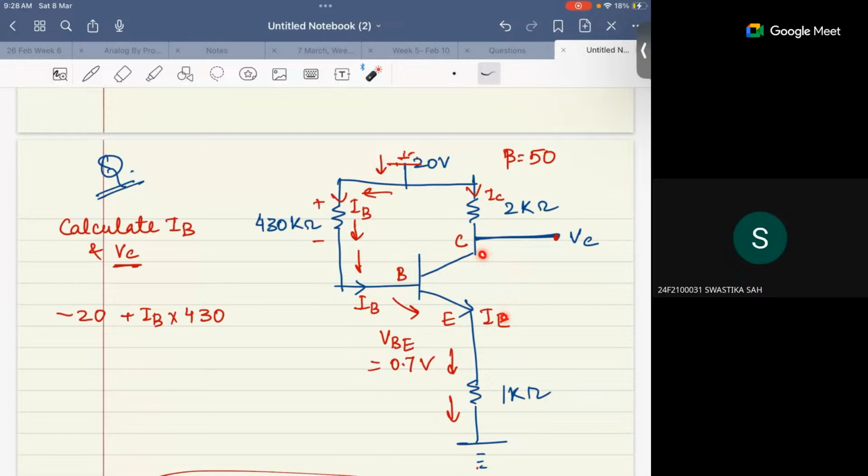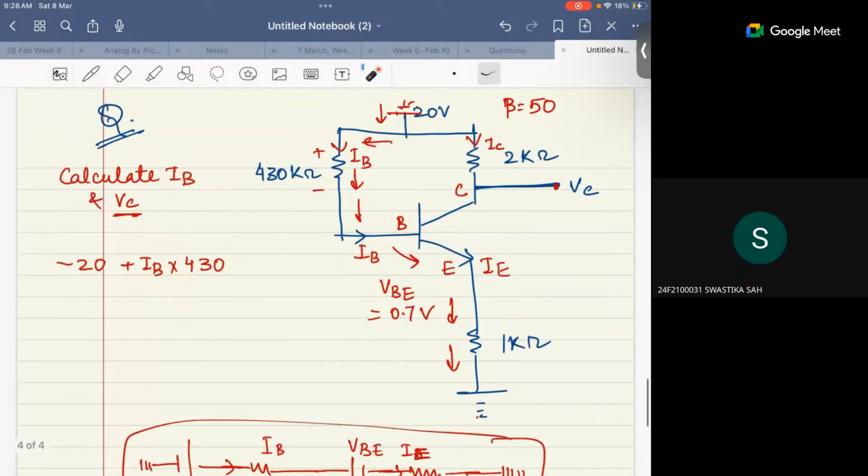If we had VCB, we could get the value of VCE, as I told you, but we don't have VCE itself. So I choose this direction because VBE was given as 0.7. Clear?